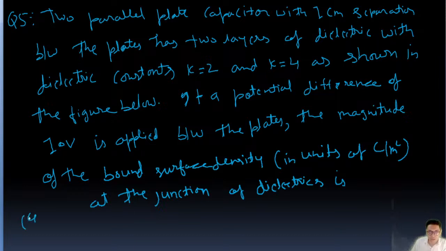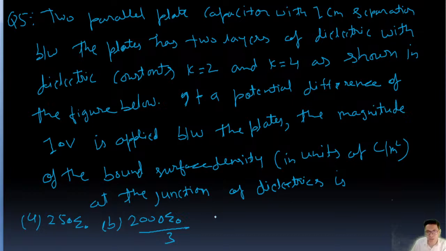The options are: option A, 250 epsilon 0. Option B is 2000 epsilon 0 upon 3.